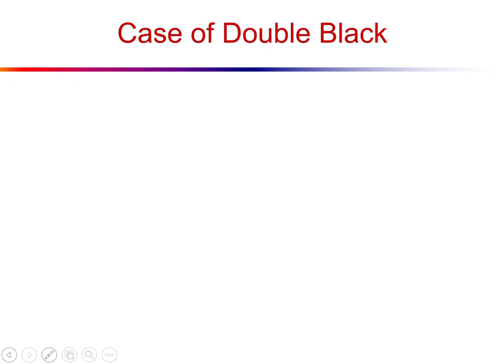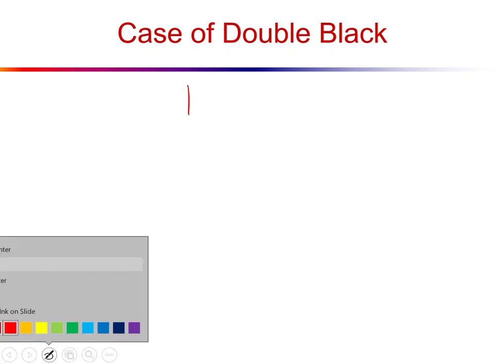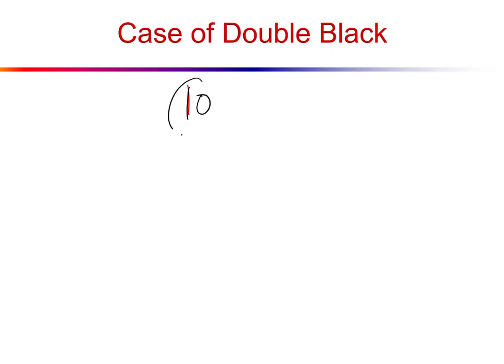But let us take an example into consideration to see what will happen and what sort of cases I am talking about. The last case for deletion is the case of double black. Let me tell you what this double black actually means. Let me say that I have node 10, which is black in color. Then I have node 5, which is again black.